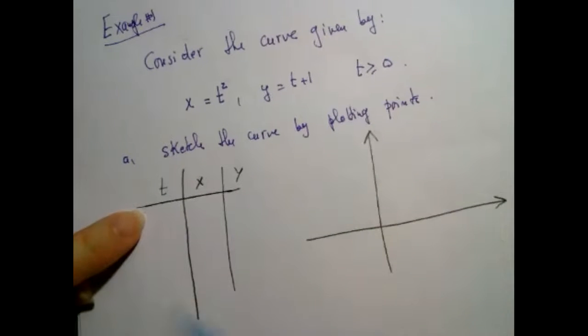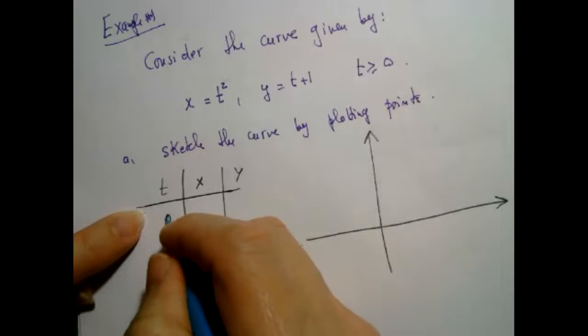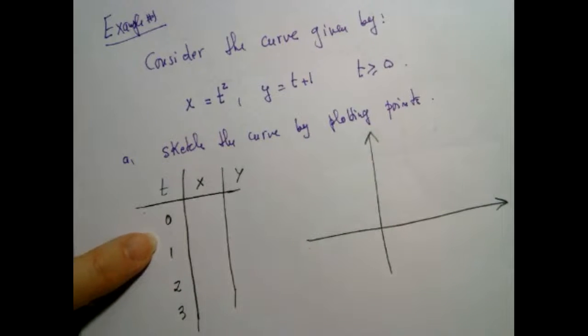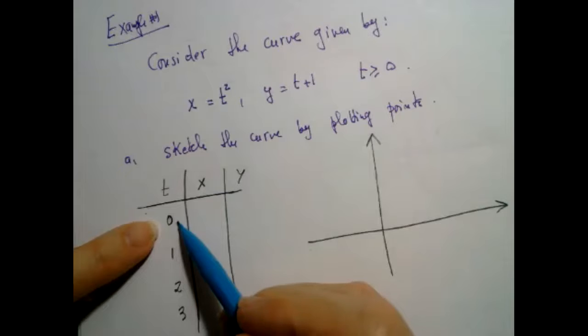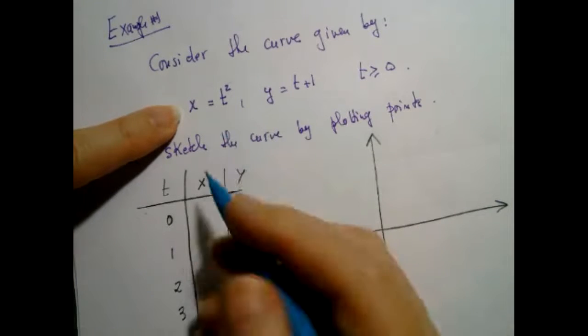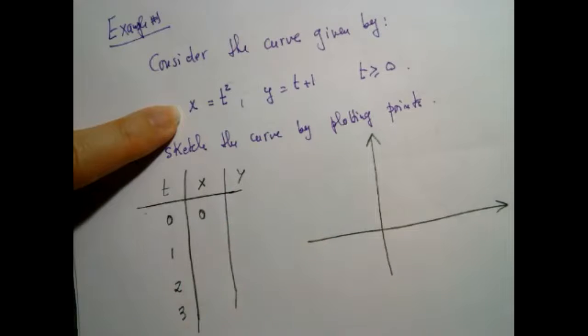Since I'm assuming t positive, actually we don't have to, but for this first example, I take t positive. So I take several values of t, and I try to understand what's happening. If t equals 0, what is my object? Its x coordinate, that's the way we think about it, is 0.